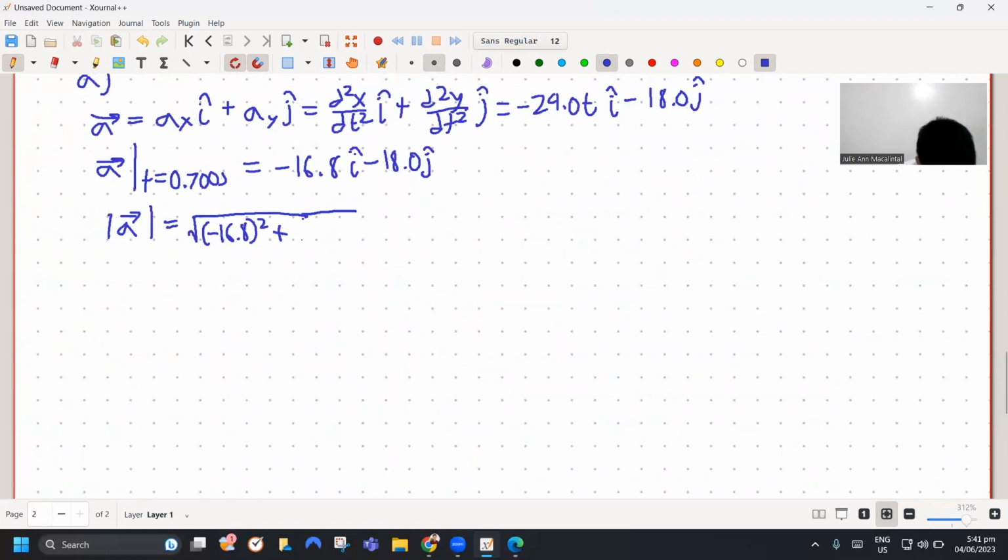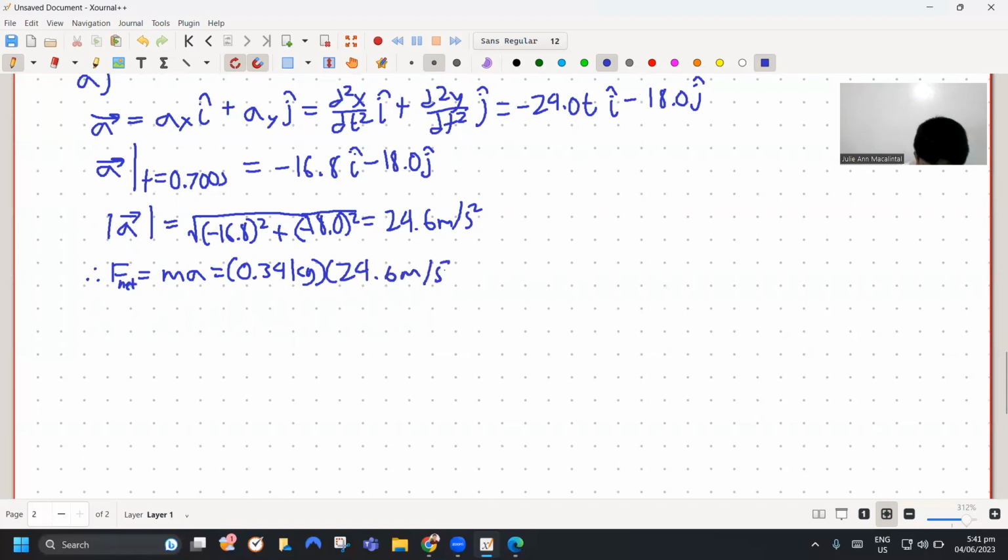Okay. So, tama. Gumamit ka ng subscript na net para clear na net force siya. So we get that.